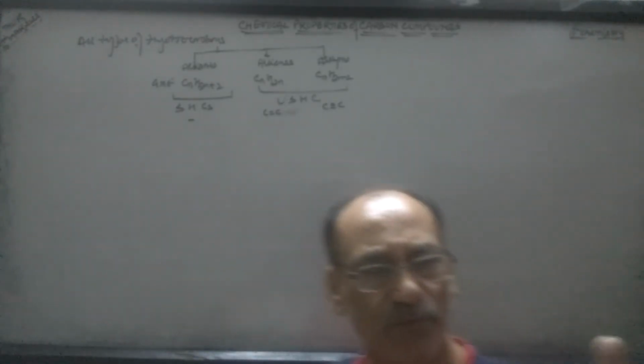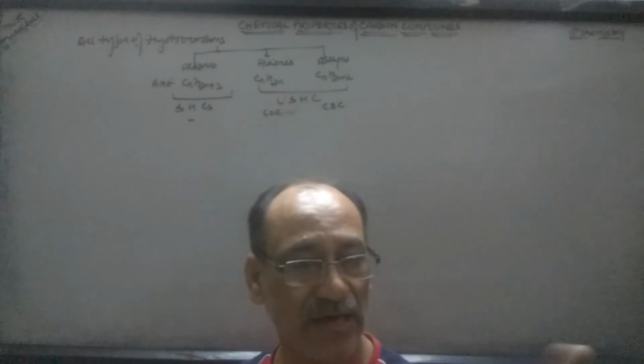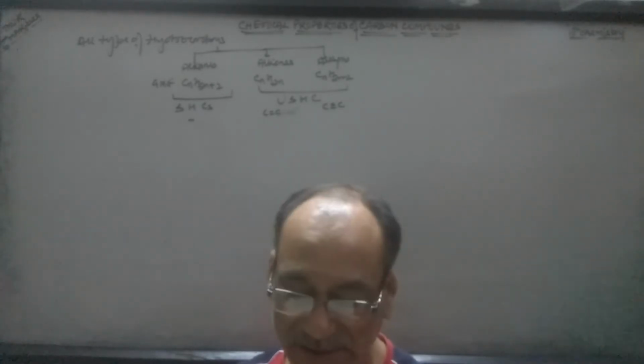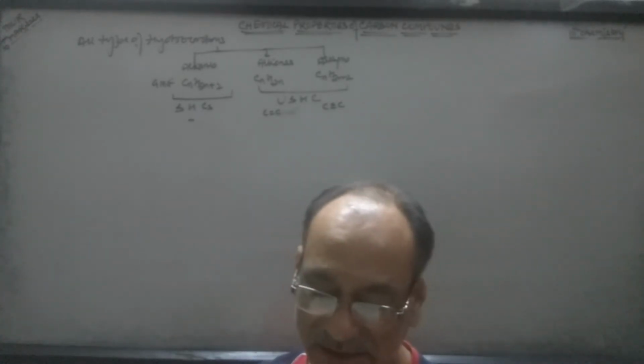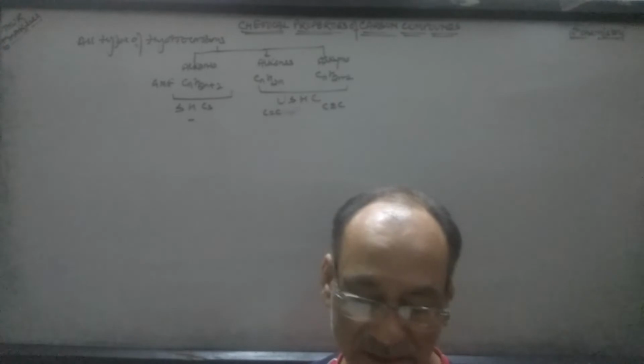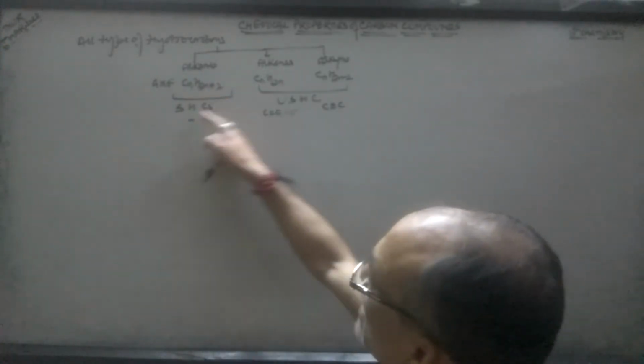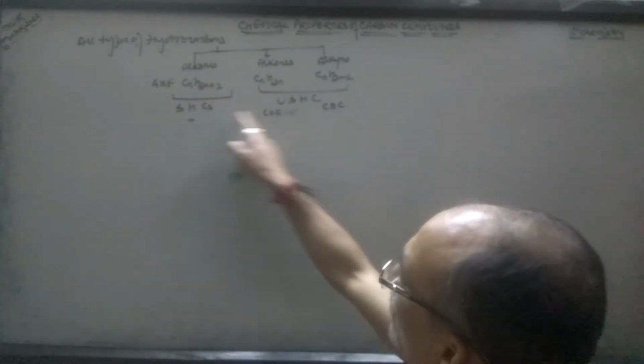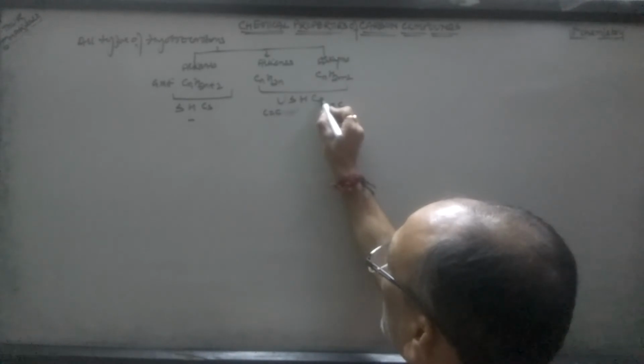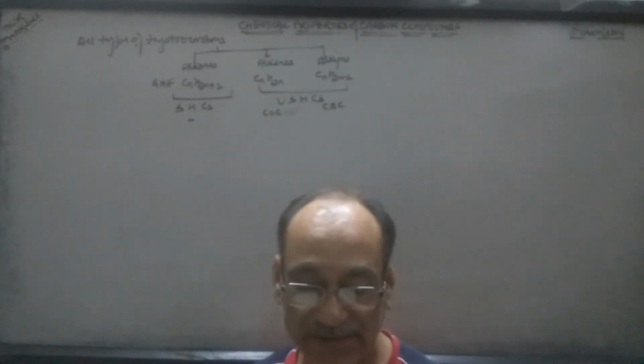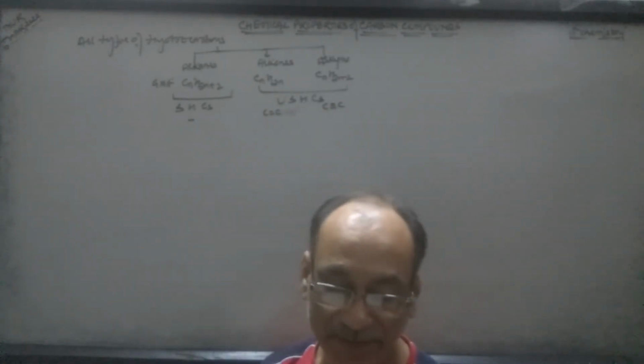The full detail I had given already in my last videos. So combustion reactions occur in all types of hydrocarbons, either saturated or unsaturated hydrocarbons. Is it clear? Fine. So now the first reaction is known as burning.